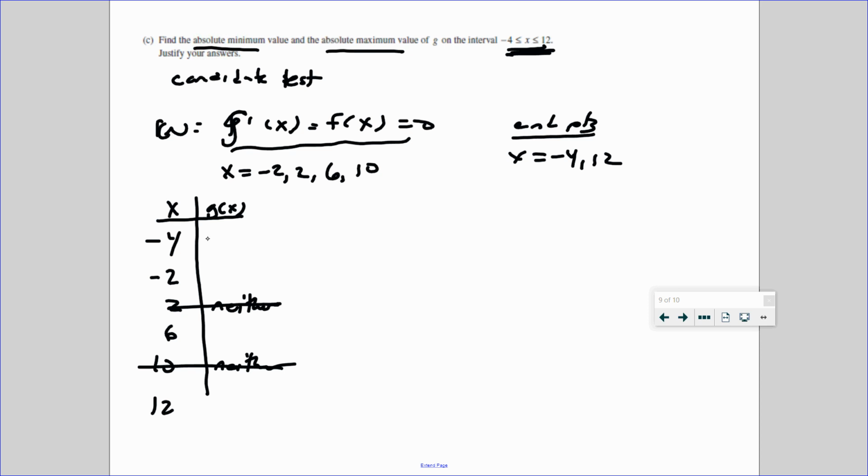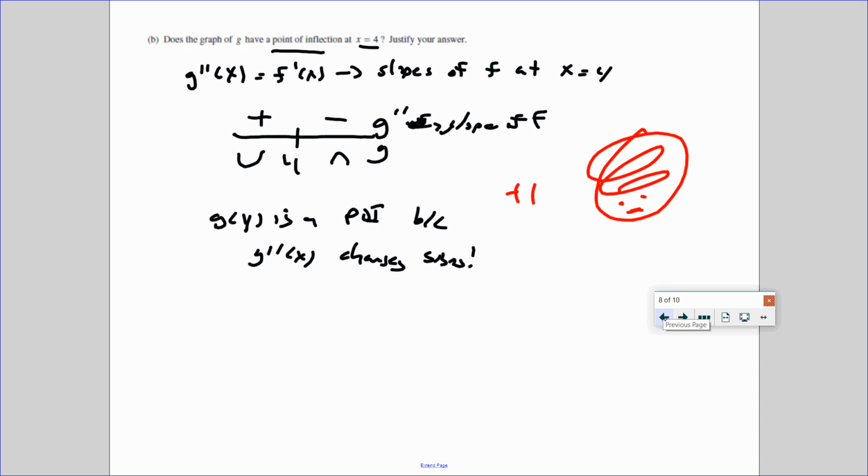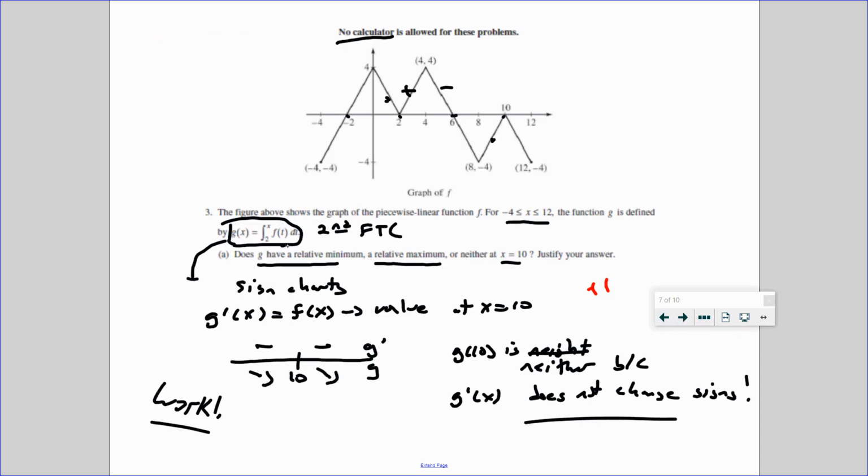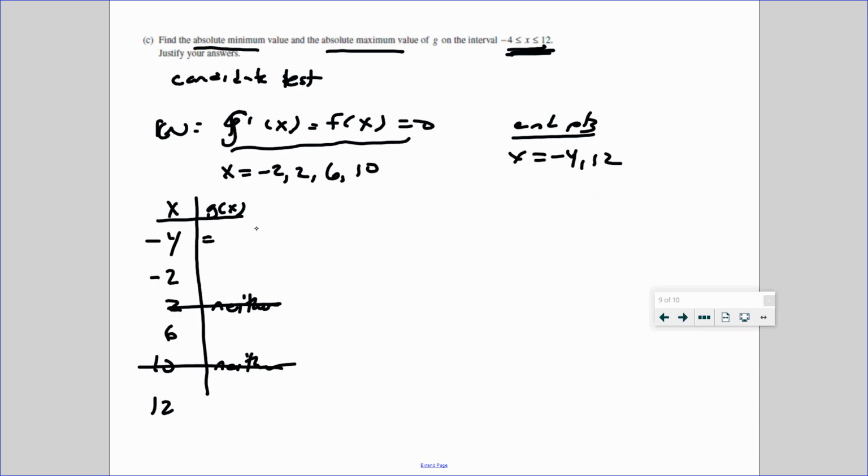To get g of 4, my rule says, from the beginning, we look at the area right here. That's going to be the area from -2 to 4 of f of t dt.